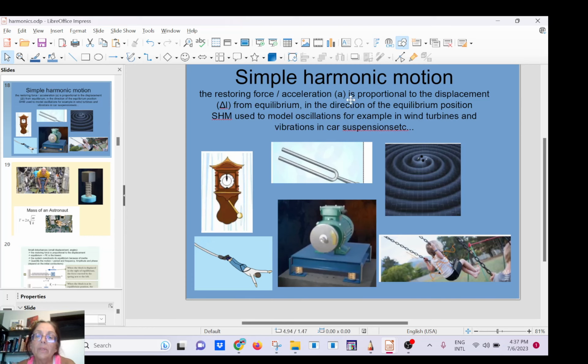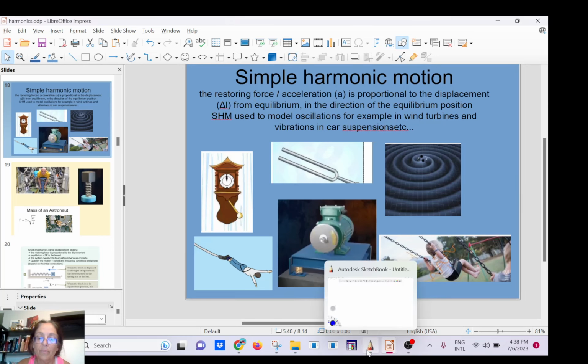Okay, so simple harmonic motion or simple harmonic oscillations only happens when we can say to a good approximation that the restoring force, so restoring force is the force that wants to bring back the object to its initial shape, is proportional to the displacement. Now, restoring force means acceleration.